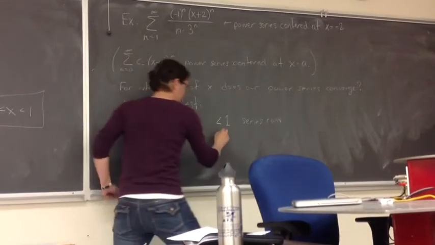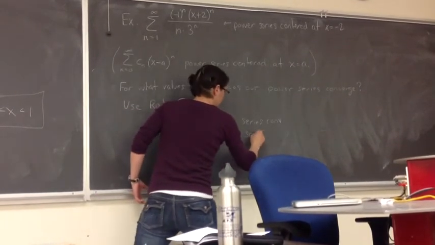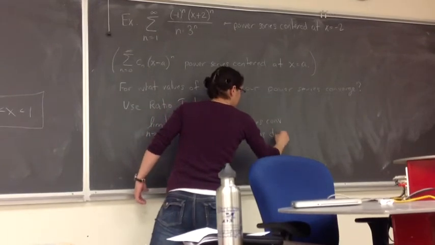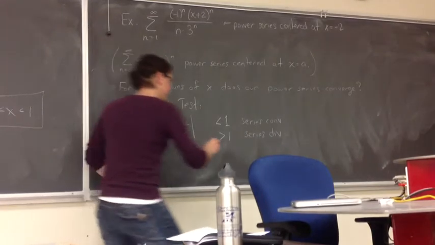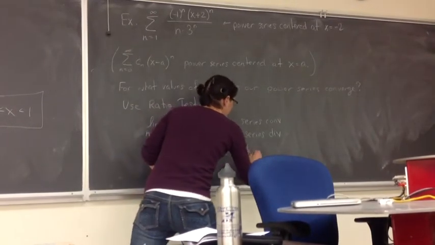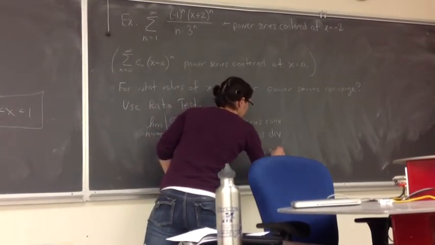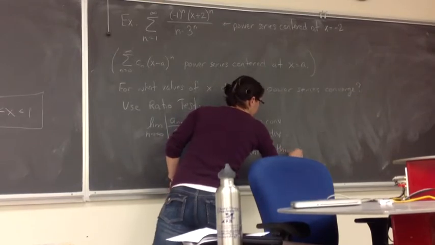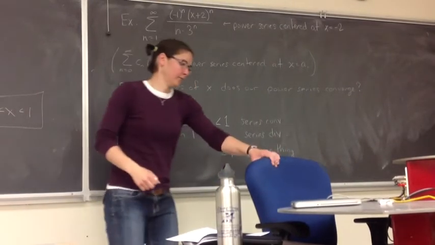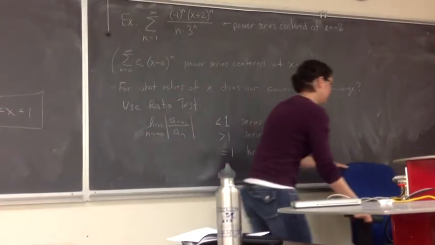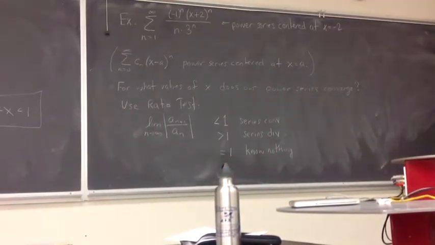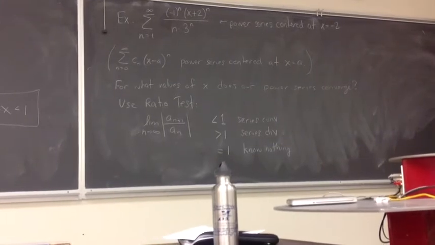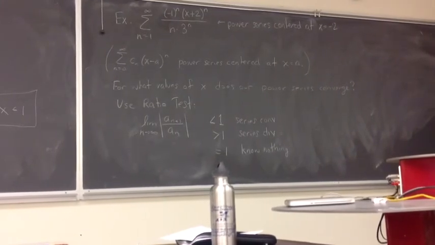If this value is greater than 1, the series diverges. And if this value is equal to 1, then we know nothing. All right, so let's set up this ratio test and see what happens.